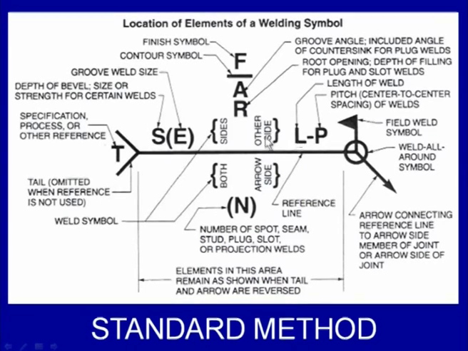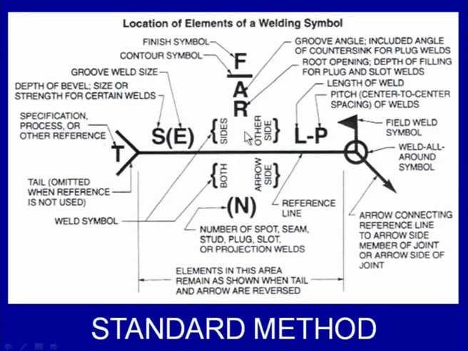And then, on both sides, depending upon the location where the weld is to be made, the information below the reference line is given regarding the weld to be made on the arrow side, and above the reference line is the information about the weld to be made on the opposite side of the arrow, that is, the other side where the weld is to be made.